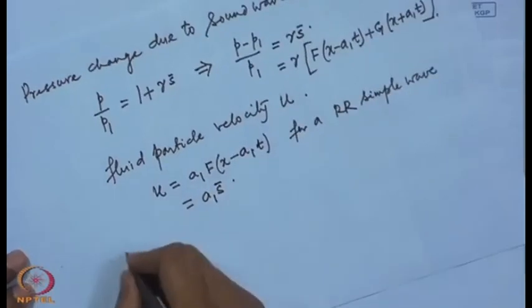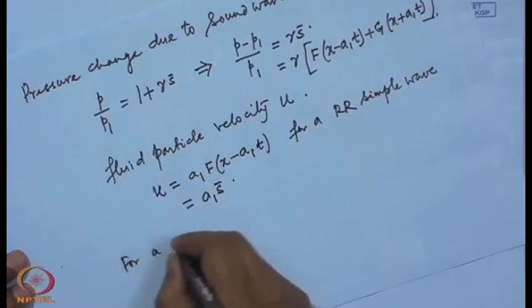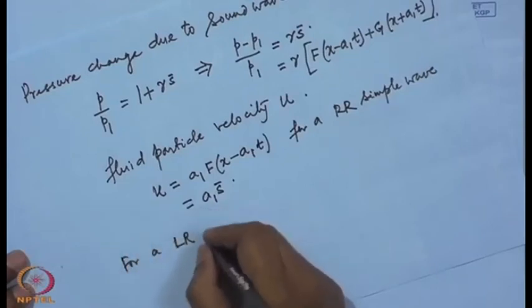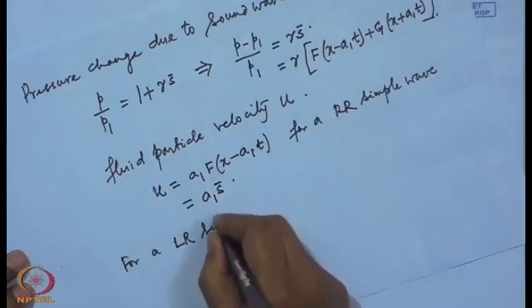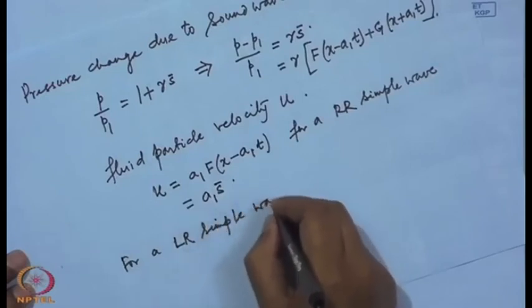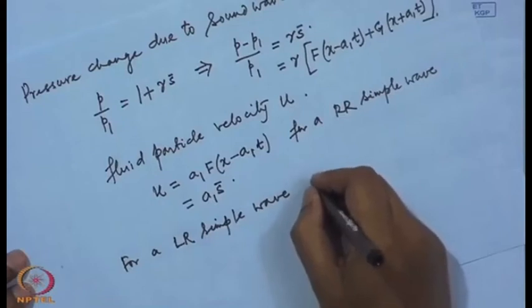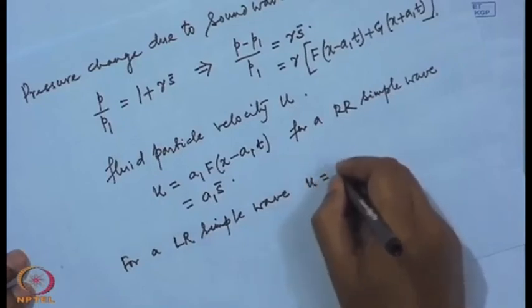Similarly, for a left running simple wave, u equal to minus a1 s bar.